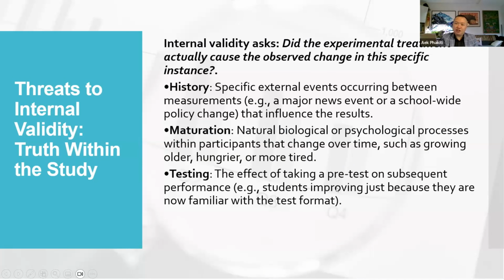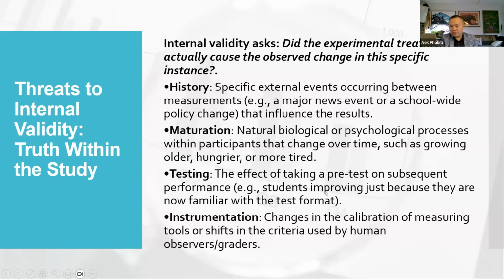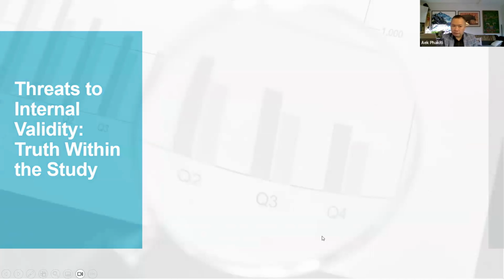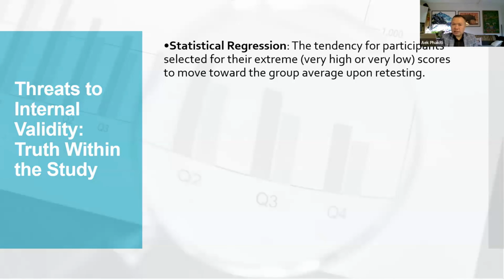The testing effect is to do with your instruments as well, like the pre-test and post-test. Instrumentation is your actual instruments, like what you would use to observe the dependent variables. Statistical regression is when you move back toward the earlier stage, moving toward the average, in other words.